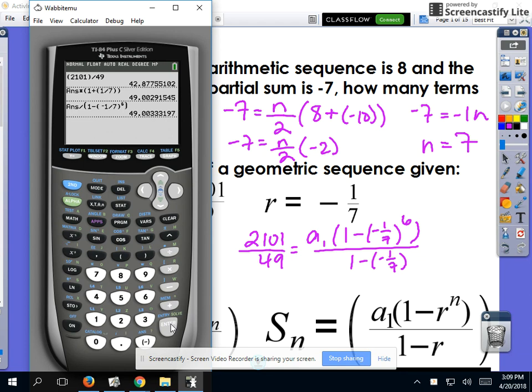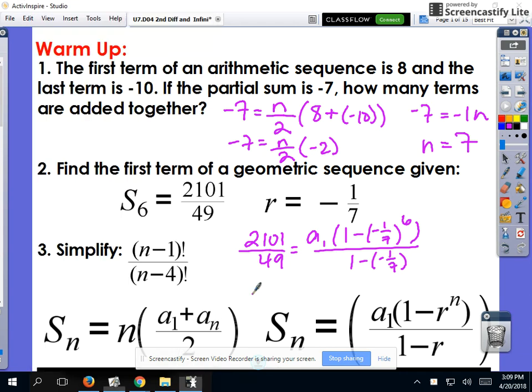So pretty much 49, I guess. A little tricky. That's what I'm getting, close to 49. 49.0033. Does that go into a fraction? Nope, it does not.